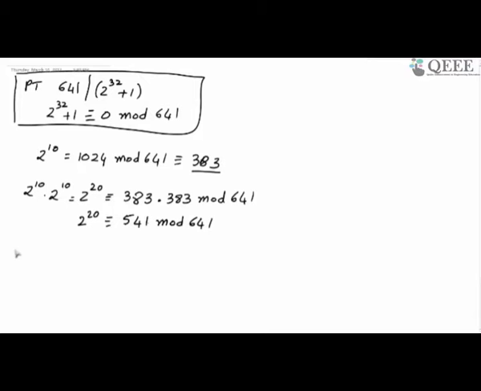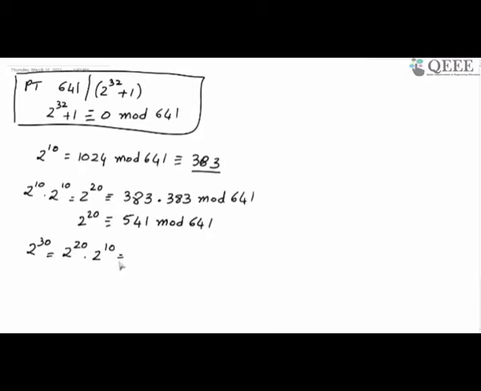Now let's see how to compute 2 power 30. 2 power 30 can be written as 2 power 20 into 2 power 10, right? We know that 2 power 10 is 383 and 2 power 20 is 541 mod 641.